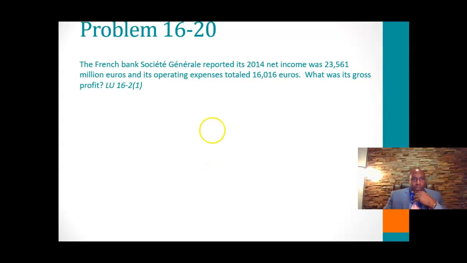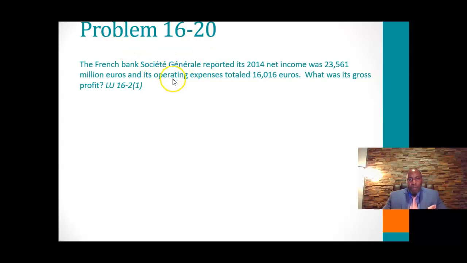Last problem, we focused on gross profit, and we went French for this one. We have a French bank that reported in 2014 an income of 23,561. Now we're in euros. That's the currency used in the European companies.